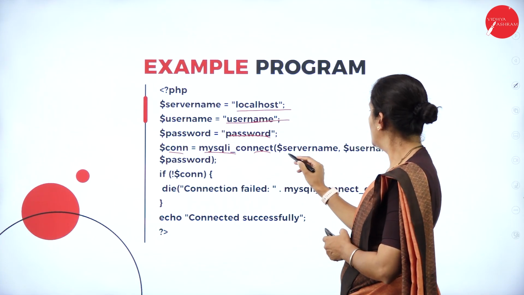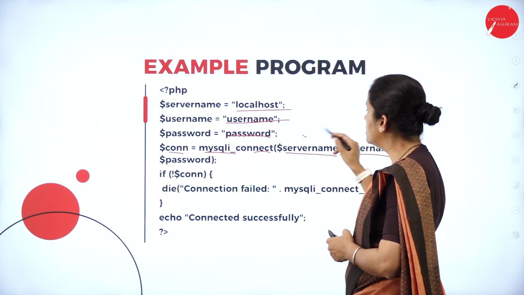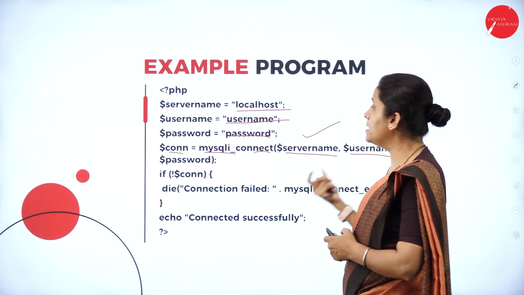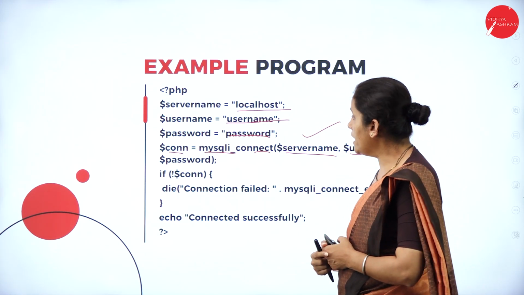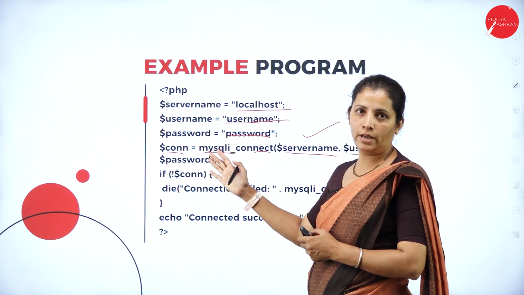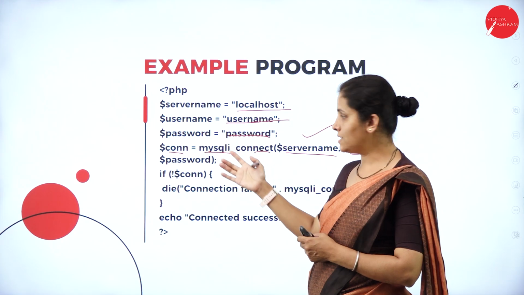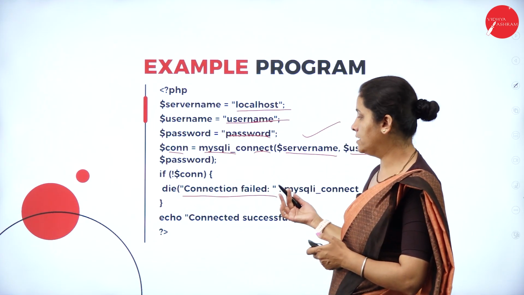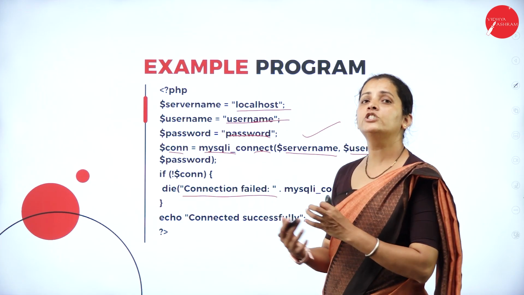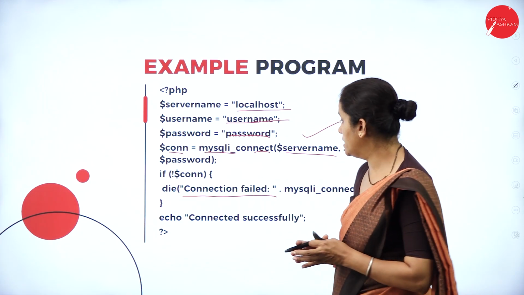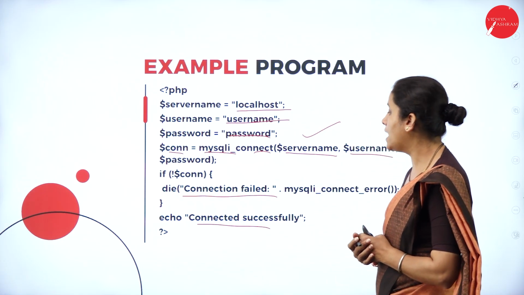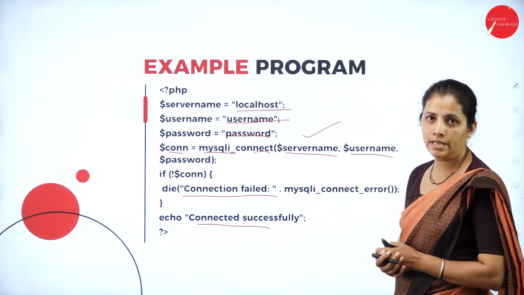What am I passing? The server name, then username and password. If there are no connections established, I just want to display the message connection failed. Suppose the connections are established successfully, then I want to display the message connected successfully.